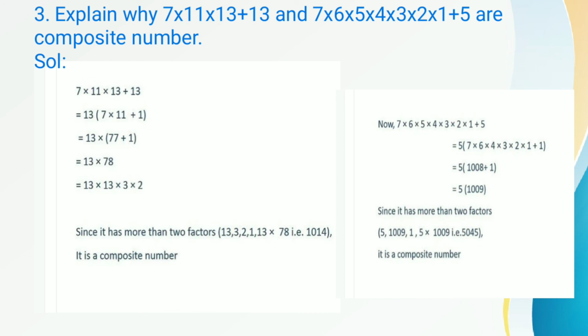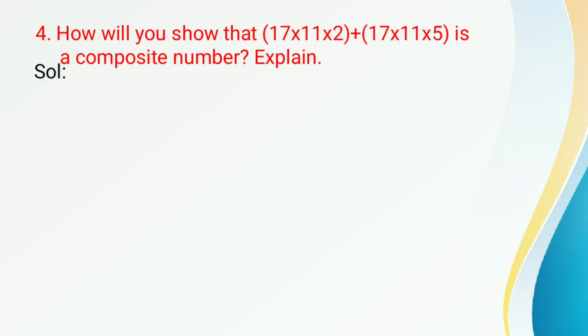After multiplying the first term, we get 5 into 1008 plus 1. So we can write it as 5 into 1009. Since it has more than 2 factors, the factors of the given expression are 5, 1009, 1, and 5 into 1009. That is 5045. It is a composite number.